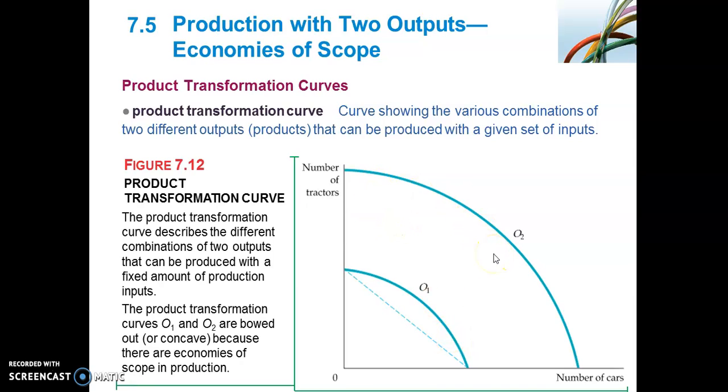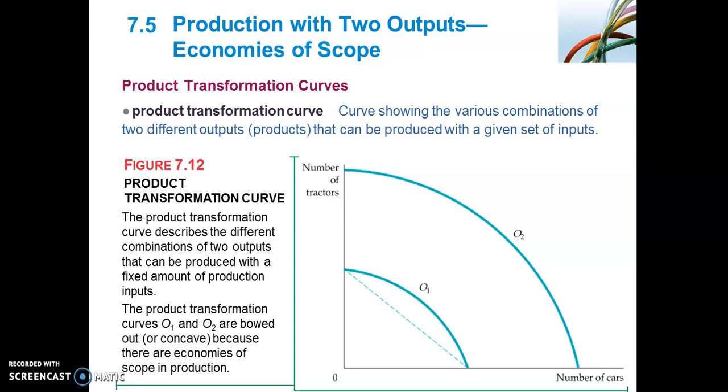So a product transformation curve is a curve that is going to show the various combinations of the two different outputs. Here our two different outputs are tractors and cars that can be produced with a given set of inputs. We don't see the inputs here, but we know that there is a given set of inputs, let's say a combination of labor and capital that is used in fixed amounts to produce this particular output of tractors and cars.